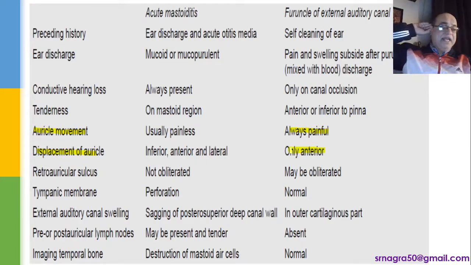And secondly, the pinna will not only be pushed forward, but laterally and downwards as well. So this is a very different, clinically differentiating feature between acute mastoiditis and furunculosis. The retroauricular sulcus in acute mastoiditis is not obliterated, rather it is accentuated, while it can be obliterated in case of furunculosis.